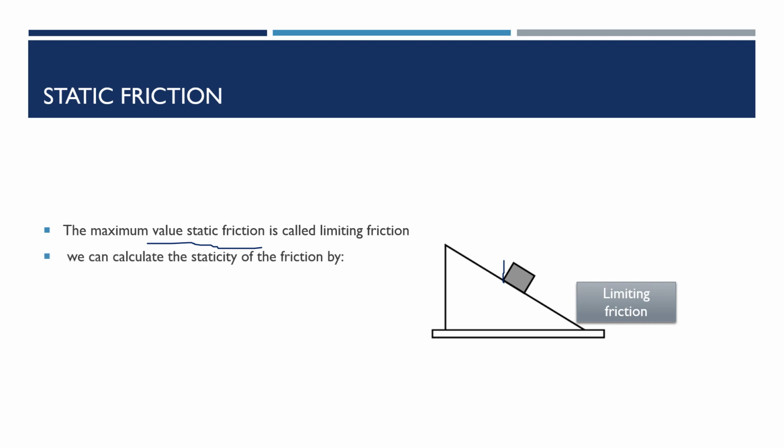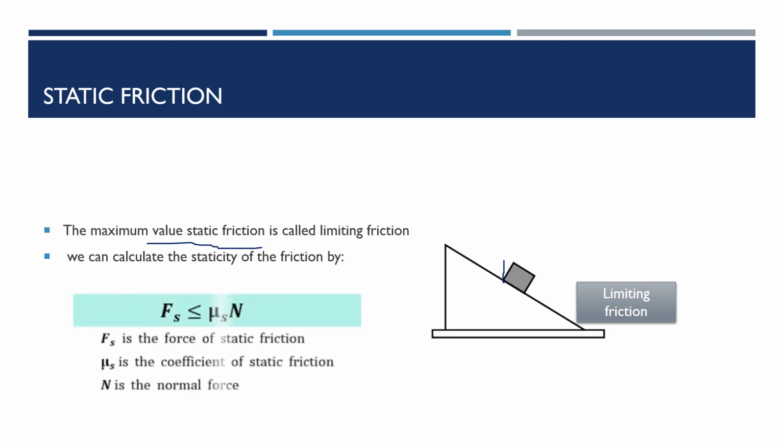Now we can calculate the friction by a simple formula. That formula is Fs. Here Fs is the static friction, which is equal to mu, the coefficient of friction, times N, the normal reaction. N is also denoted as R sometimes or in the upcoming derivations.